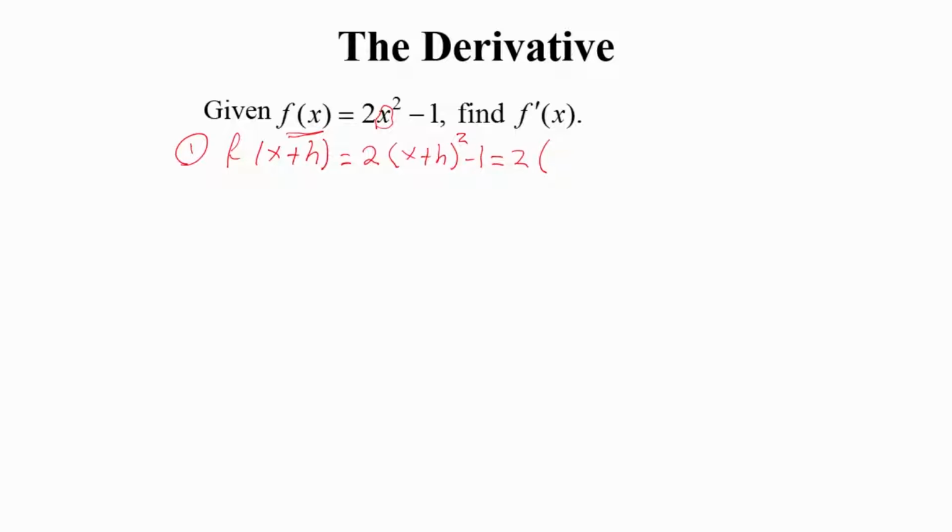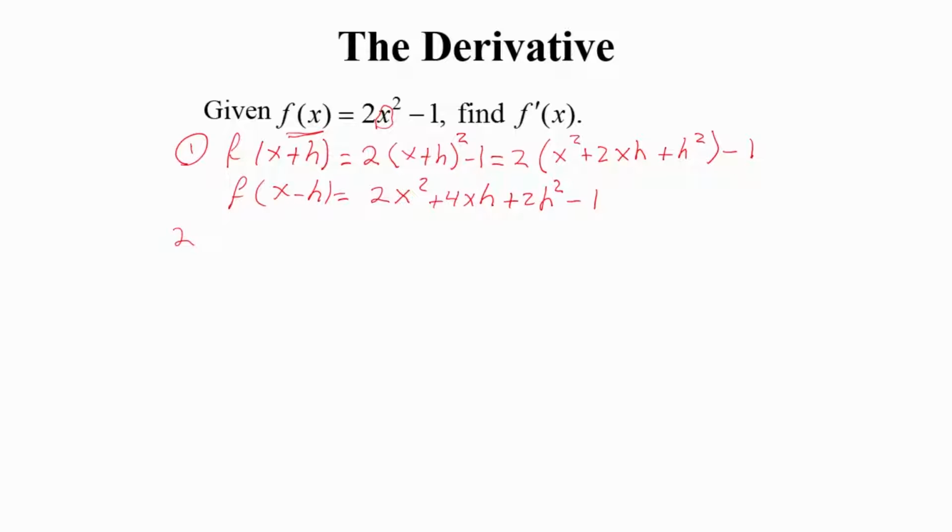That would be x squared plus 2xh plus h squared, minus 1. And finally, f of x plus h would be equal to 2x squared plus 4xh plus 2h squared minus 1. That's step 1.